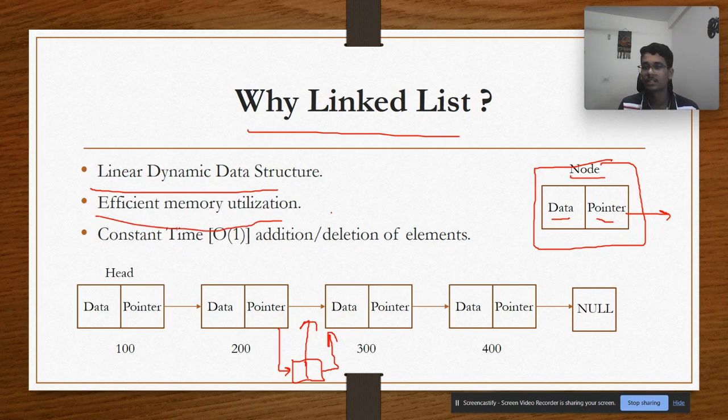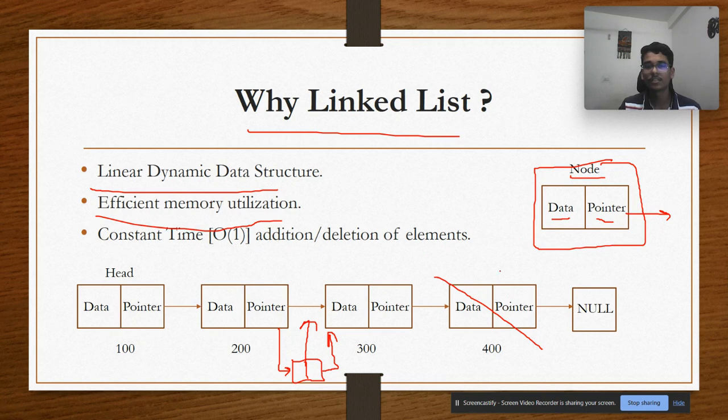Memory utilization is also more efficient in the case of linked list, since suppose we have to delete this element. In the case of an array, the memory is allotted to this element and will not be removed even if the element is deleted.